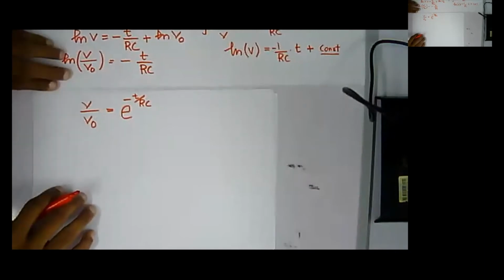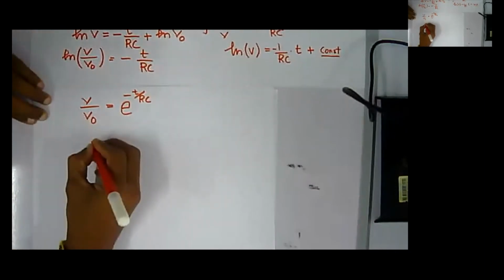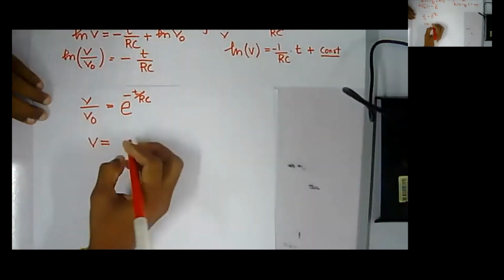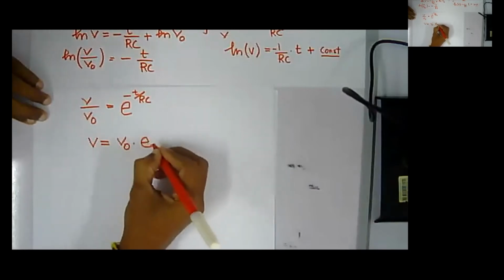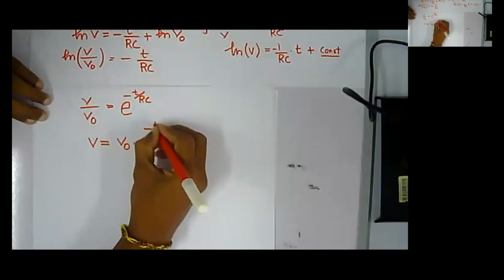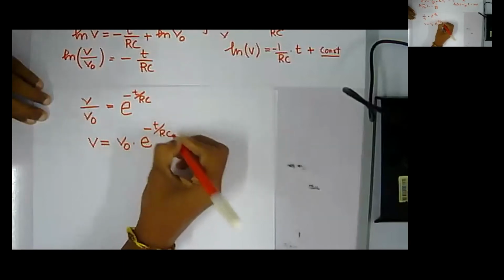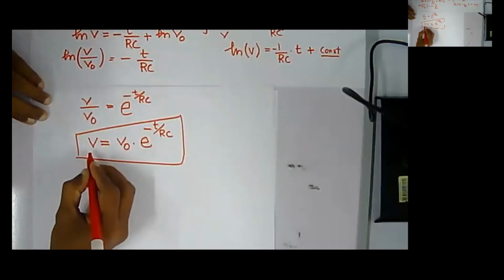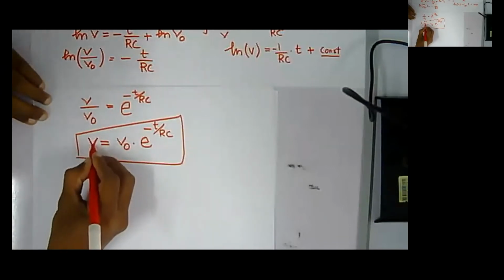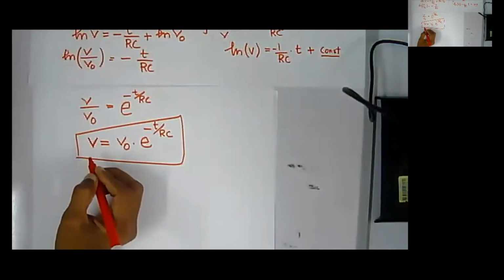Or I can write V equals V naught times e to the power minus t by RC. So this is the voltage V after t seconds.